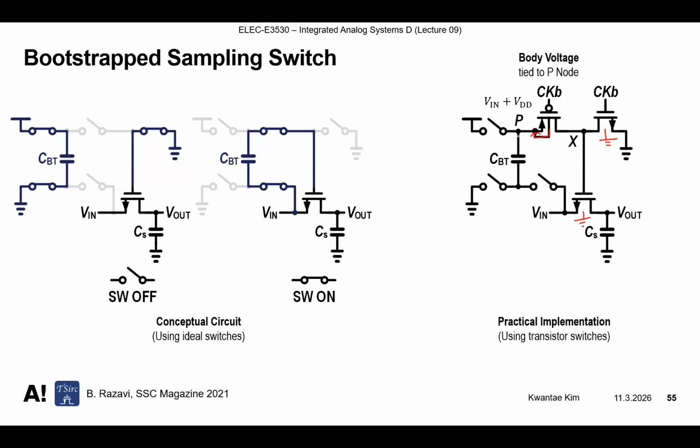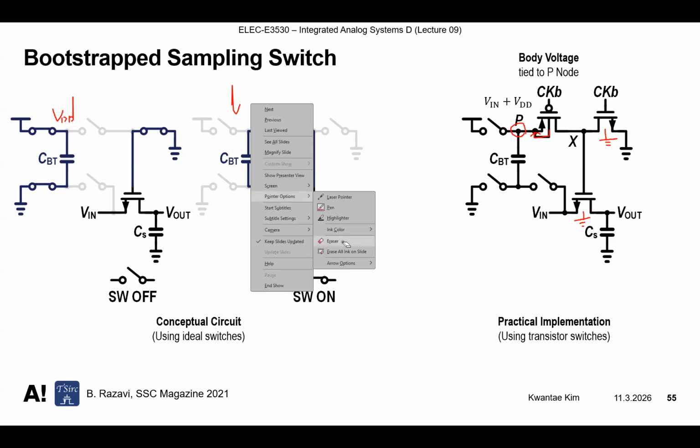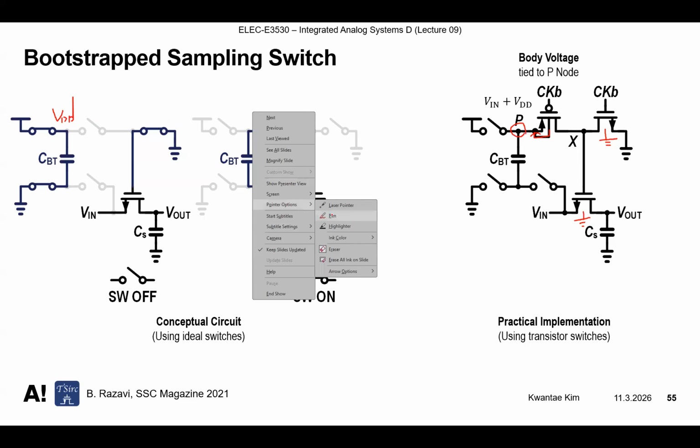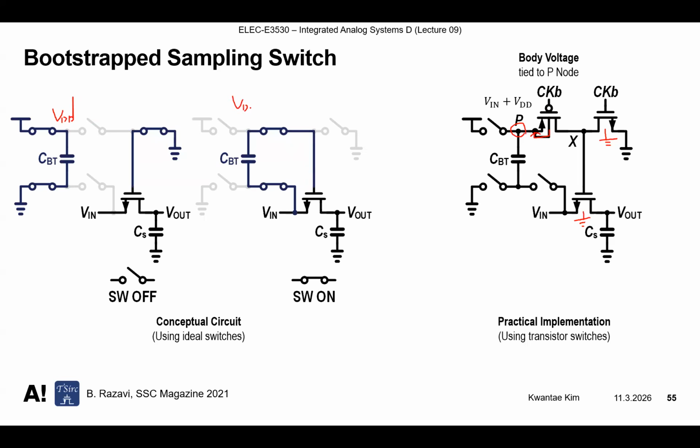This is because this P node swings from VDD to Vin plus VDD. So it was VDD here, and here VDD plus Vin. So let's say that Vin is very, very close to VDD. Then it is approximately 2 times VDD.